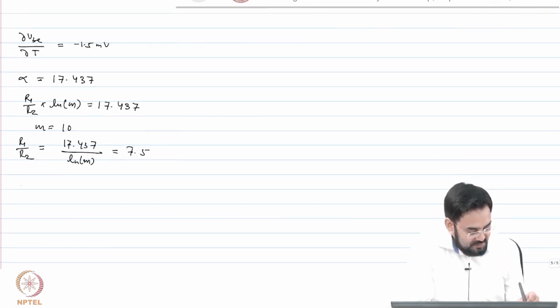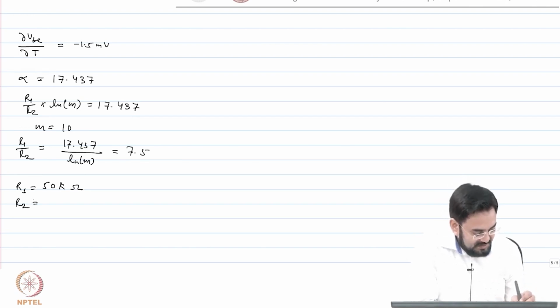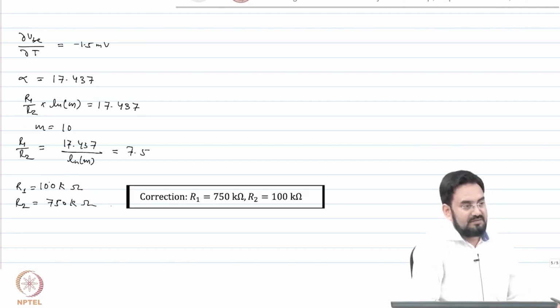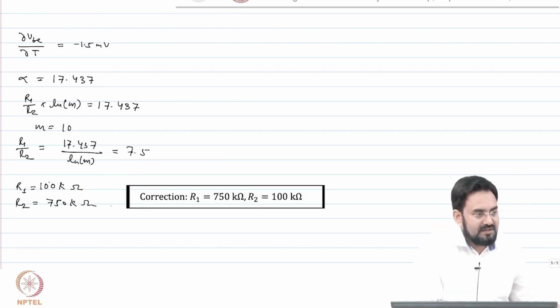So if R1 equal to, let's say, 50 kilo ohm, then R2 will be 7.5 times 5. Let's simplify it, make it 100k. Correct. So your current will be very low.